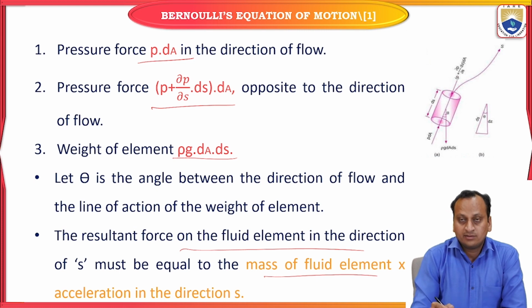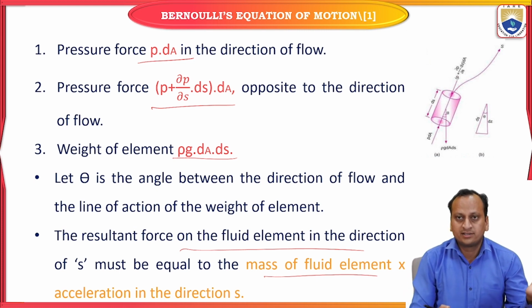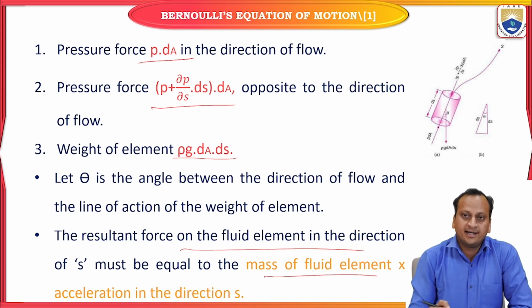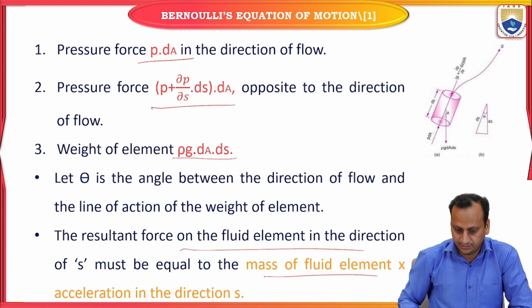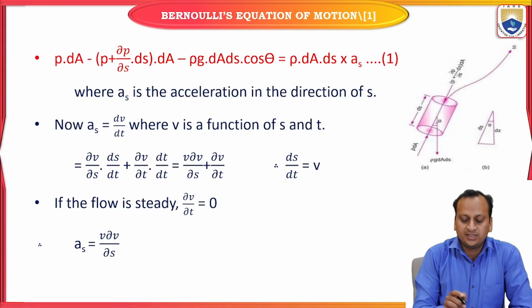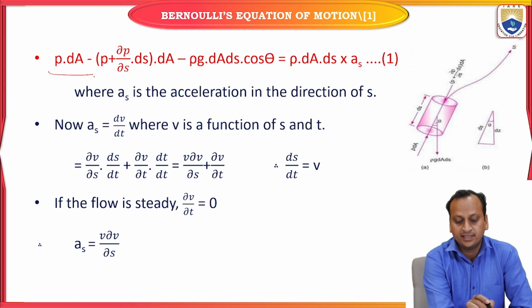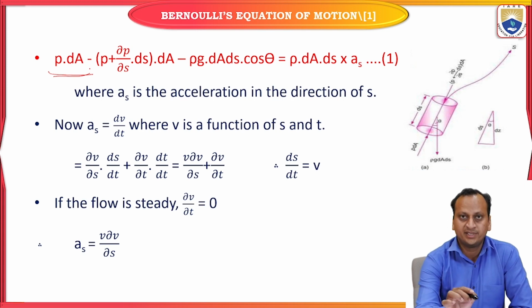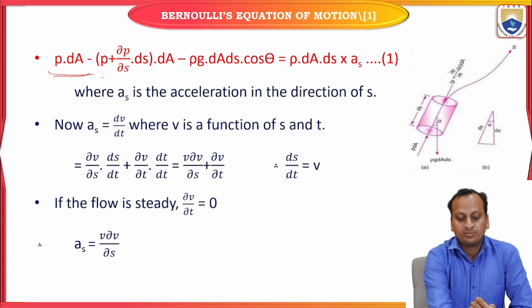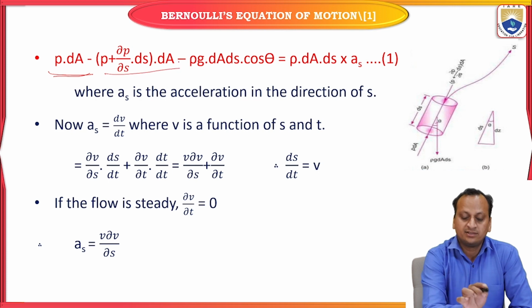So therefore, by applying Newton's second law of motion, we will write all the resultant forces on one side, and that must be equated with the product of mass and acceleration. So these are the three forces which are acting on a fluid element. One is at the inlet in the upward direction, P dA is acting. The force due to pressure at the outlet is P plus ∂P/∂s into ds into dA.